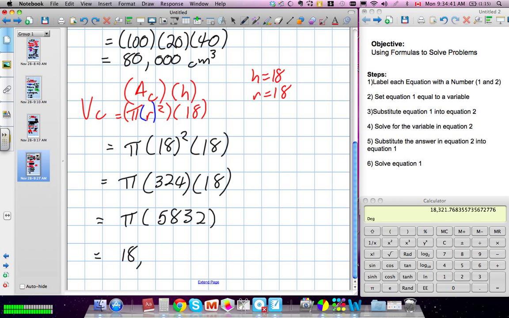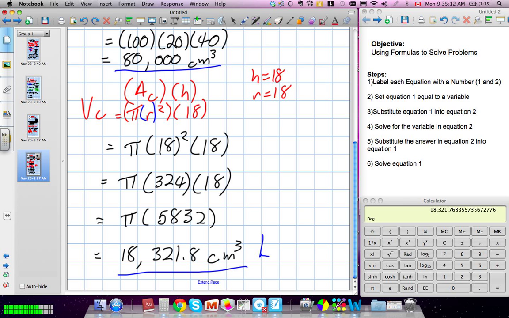So we have our two measurements. The volume of the planter is 80,000 centimeters cubed. The volume of our cylinder is 18,321.8 centimeters cubed. Again, similar to when we were calculating the number of bags needed for area, we have to figure out how many times this number is going to fit into this number. How many times our cylinder object is going to fit into our rectangular planter.